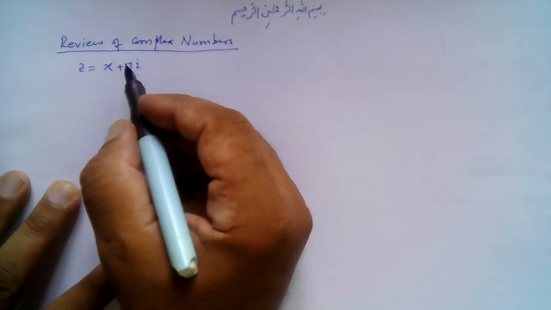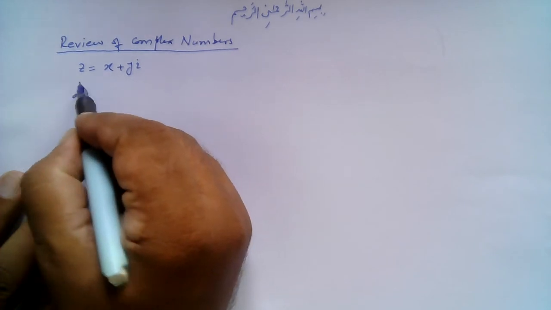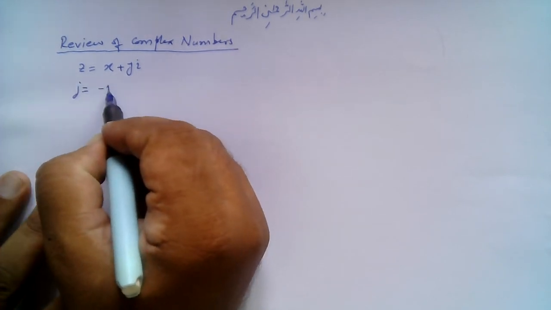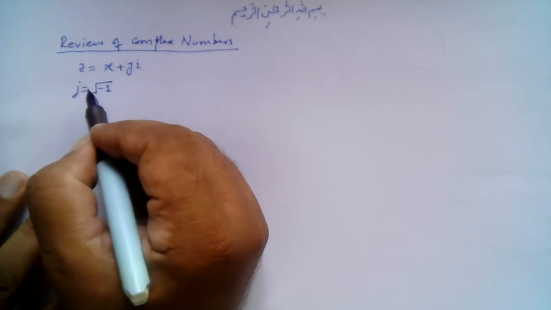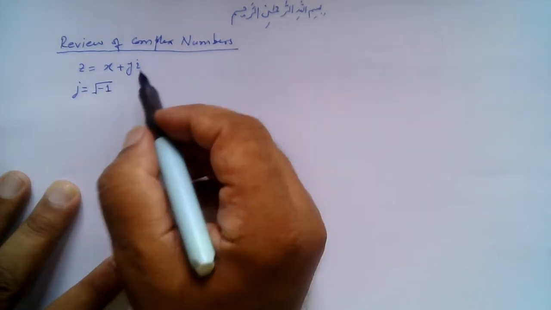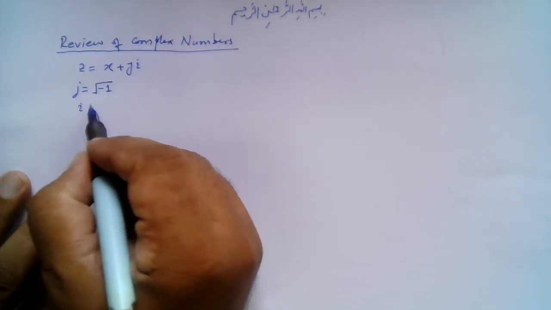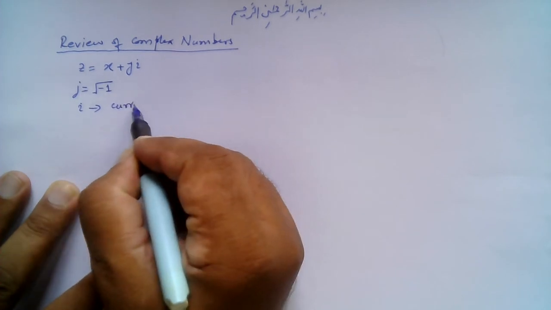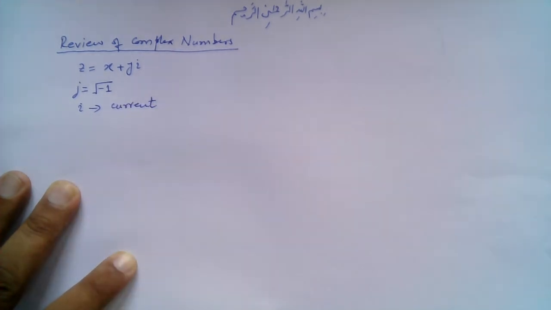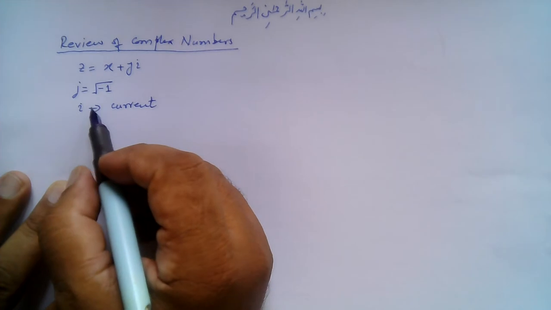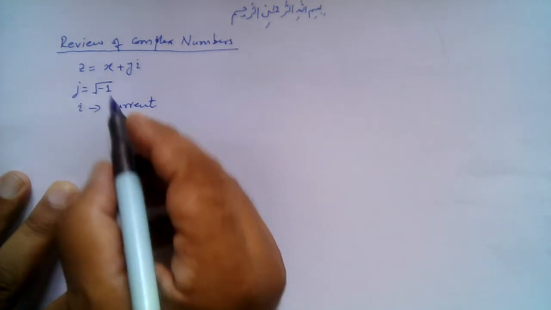We usually use the letter j, where j is equal to the square root of minus 1, because i is usually used to denote current. So i is used to denote current, and that's why we use j in the imaginary number.